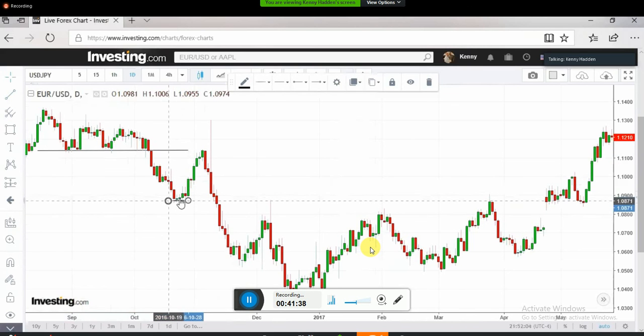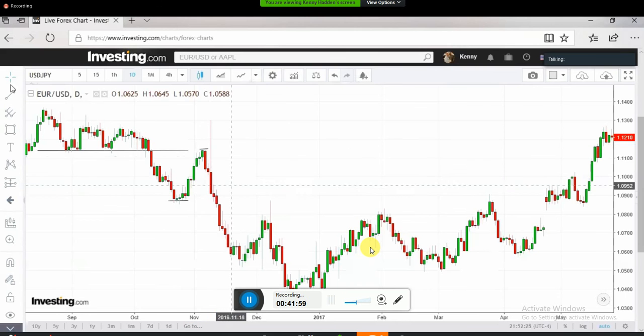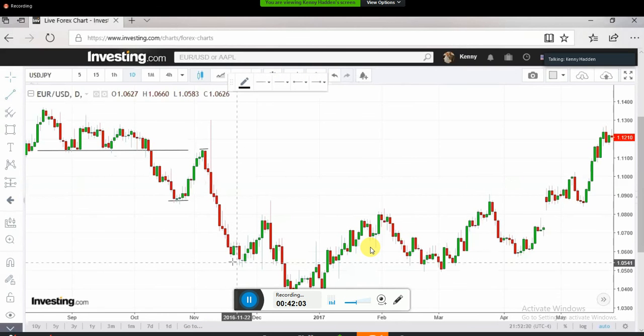And now what I'm waiting for price to do is to come back and test the price line that it just broke. And once it tests the price line that it broke, it's going to come down. It creates a lower high right there. And then now it's going to create a lower low.